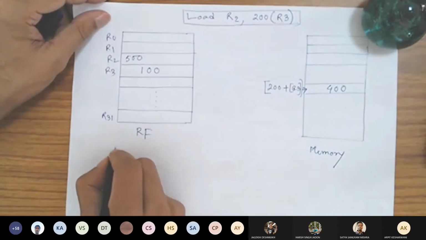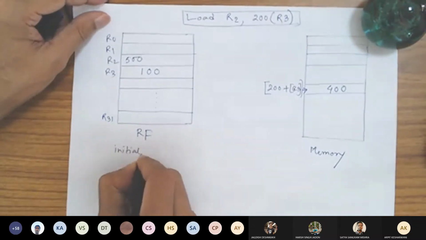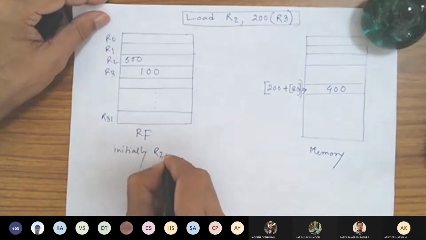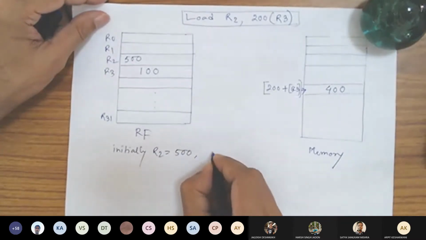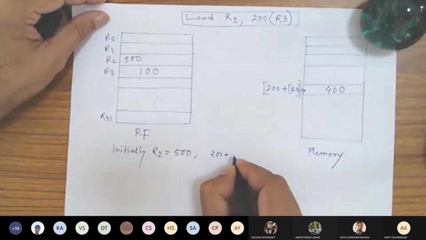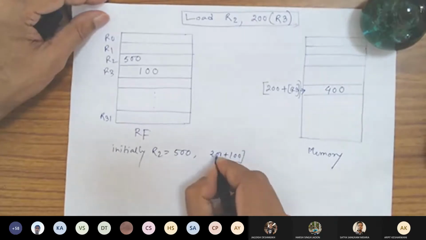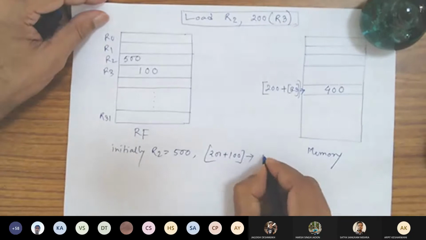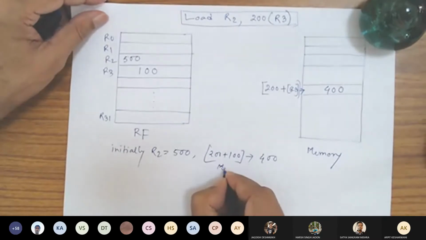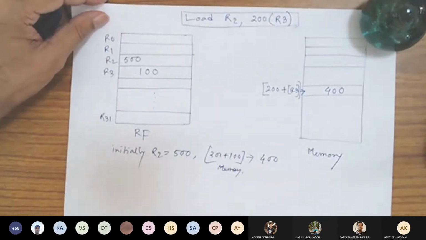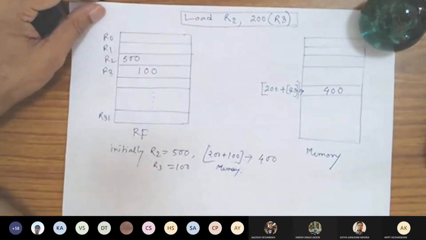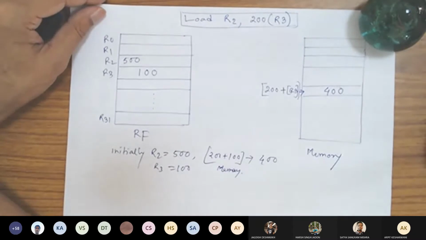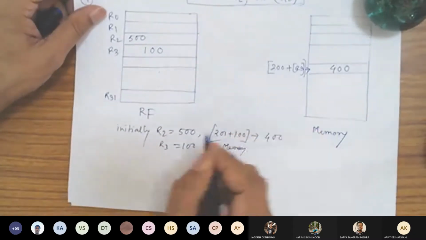This is the initial condition. Initially, R2 equals 500. The 200 plus 100 location contains 400. This is memory. R3 contains 100. This is my initial condition.